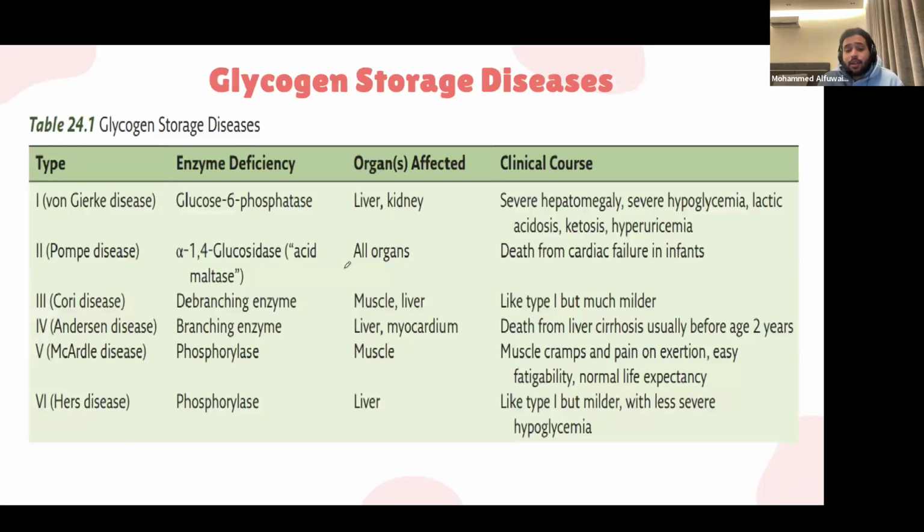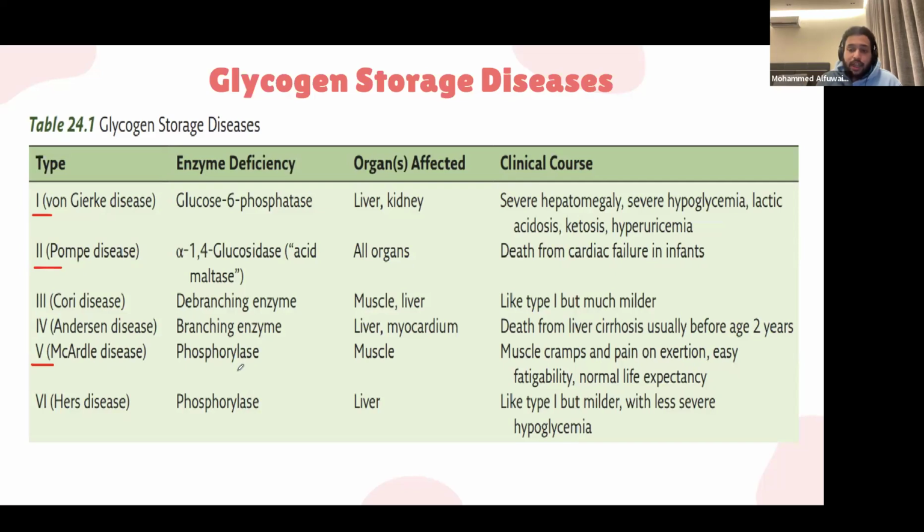Now, biochemistry: you have glycogen storage diseases and you have lipid storage diseases or lysosomal storage diseases. Okay. Glycogen storage diseases, there's many. I want you to master this one, and this one. Okay. These are the more commonly asked ones.